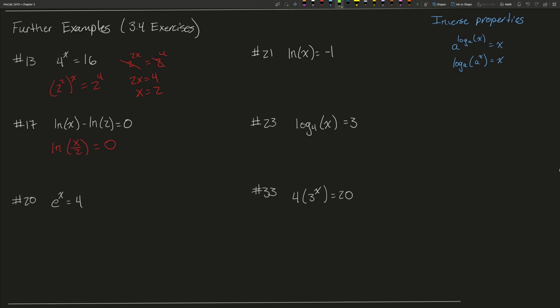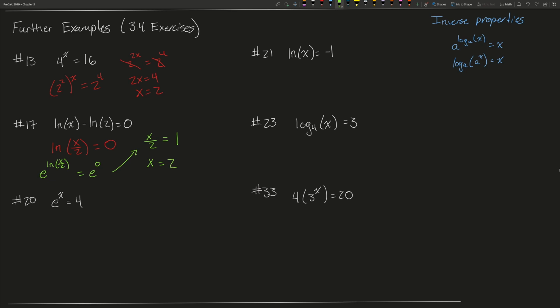So if we rewrite that, it'll be e to the power of ln of x divided by 2 is equal to e to the power of 0. This e and the natural log will cancel, so we will just be left with x over 2, and e to the power of 0 will be 1. And when we multiply both sides by 2, x will just be 2.